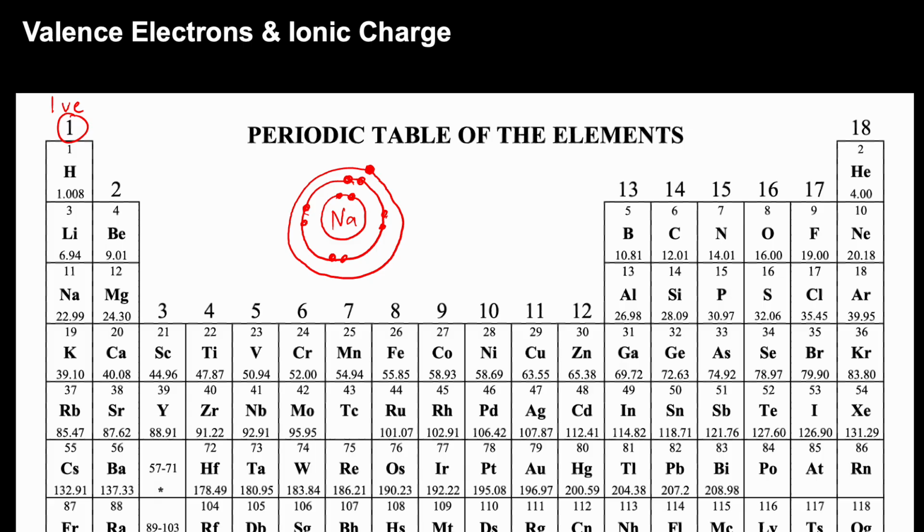So with sodium, when it loses that valence electron, it now has 11 protons and 10 electrons, which, because it has one extra proton, it assumes a positive charge. So this procedure goes along with all of the elements in group 1. So all the elements in group 1, if they were to become an ion, they would have a positive 1 charge.